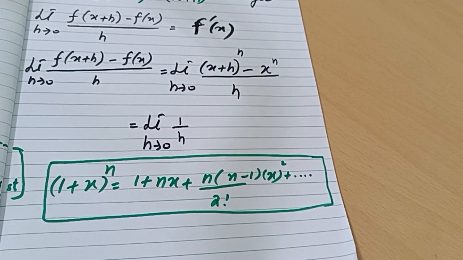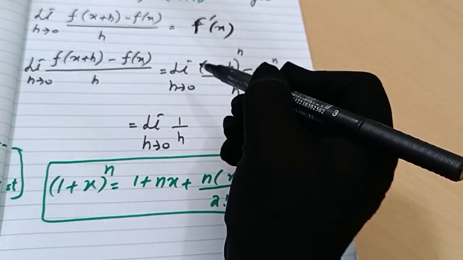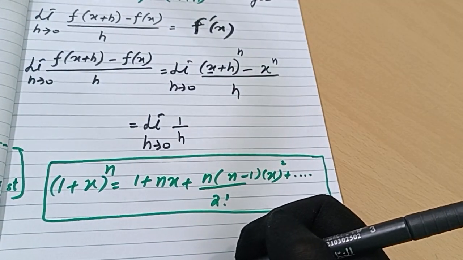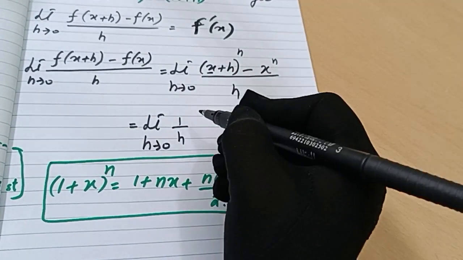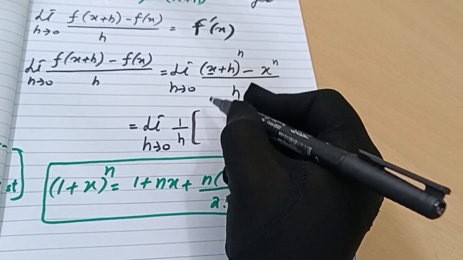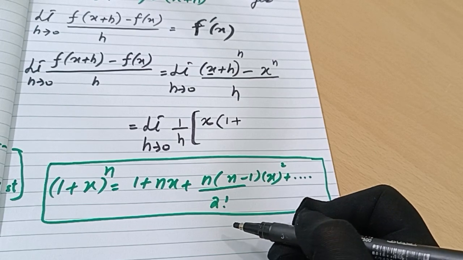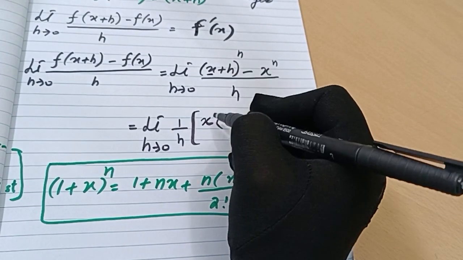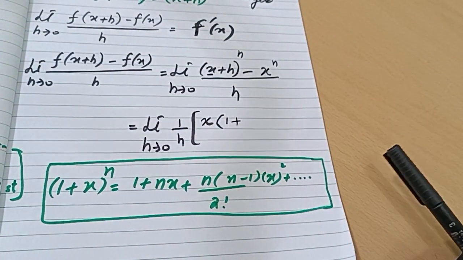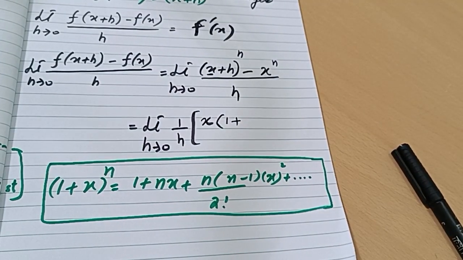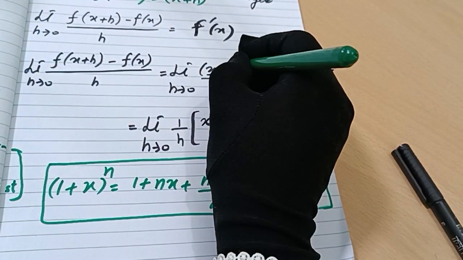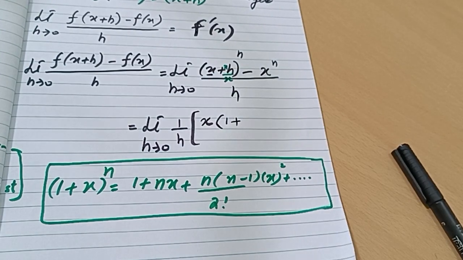For this to apply, our first term should be 1. If we want to take something common, we can, but which term? Here we are left with 1 plus h. We take x as common, though there was no x present. So mentally, we multiply and divide by x here.